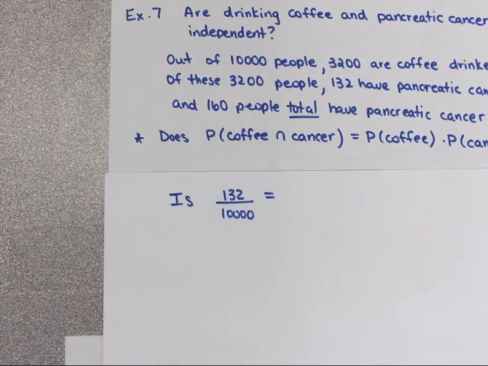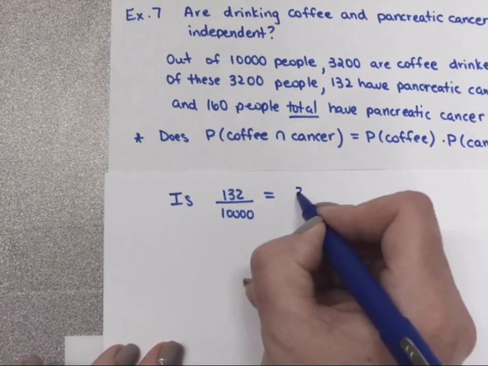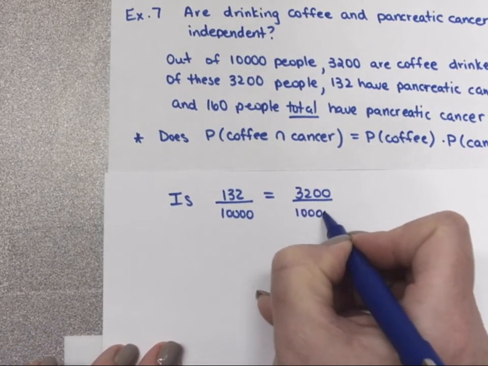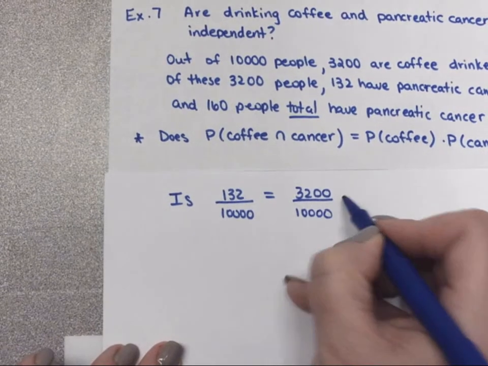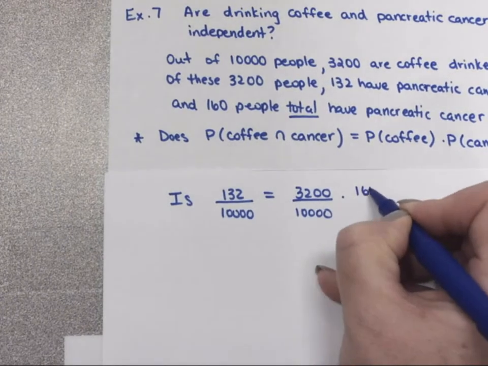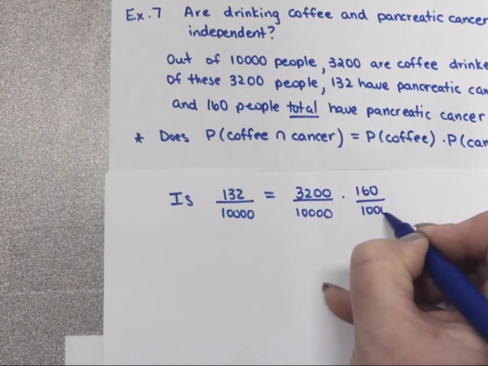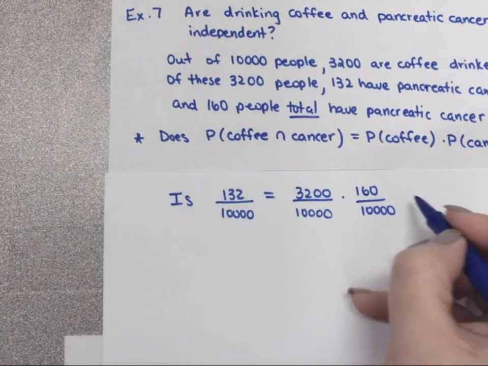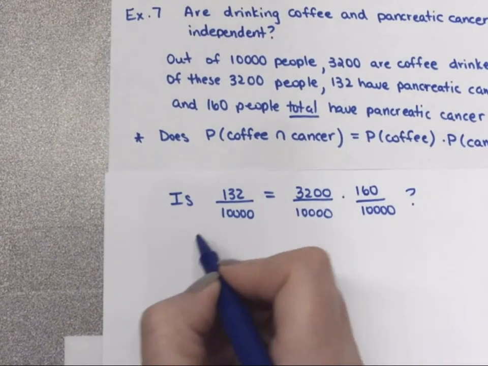So how many people drank coffee? 3,200. Out of how many again? 10,000? Okay. And then how many had cancer overall out of the 10,000? 160 out of 10,000? Okay. So this is a question, right? We're trying to figure out if this is true.